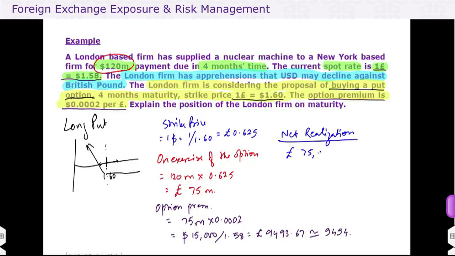So 75 million, one more zero, so it comes out to 750 lakhs, from which you will be subtracting the premium that you are paying, 9494 pounds. So it comes to pound sterling 749 lakhs 90,506.